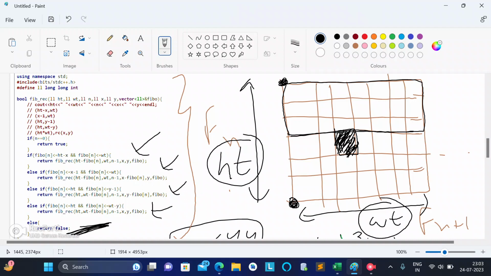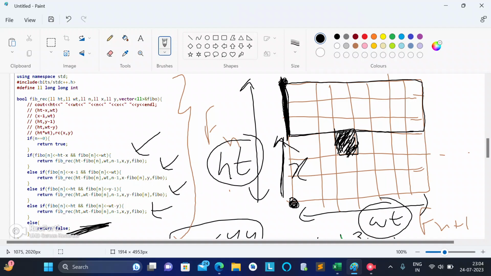Then I'm saying Fibonacci of n. What does n represent here? That I want to fit a square having side length as Fibonacci of n. So this is the height given to me, this is width, and I want to fit a square having side length Fibonacci of n. So this is height, and I know this is x actually.